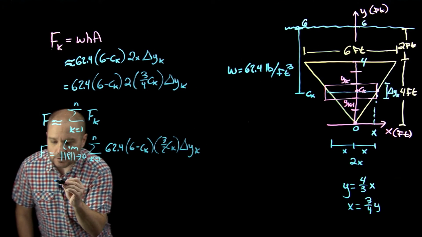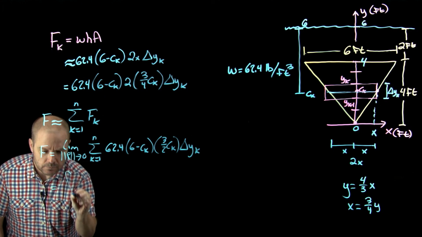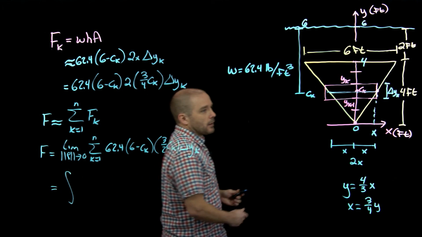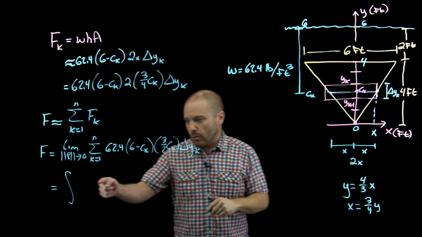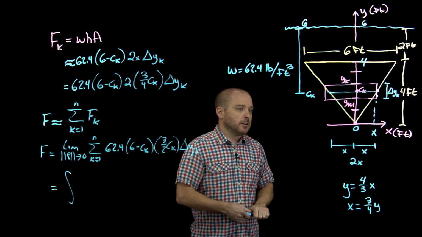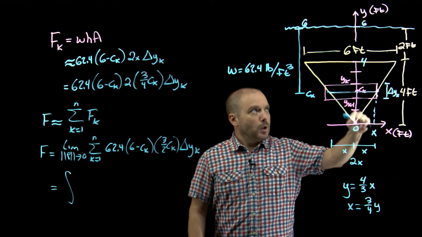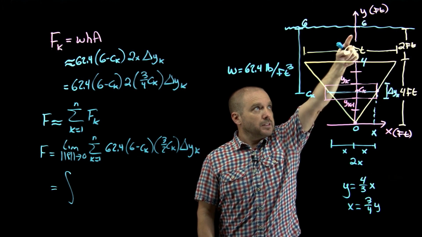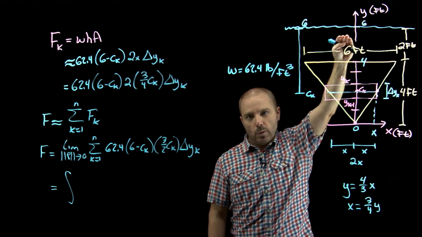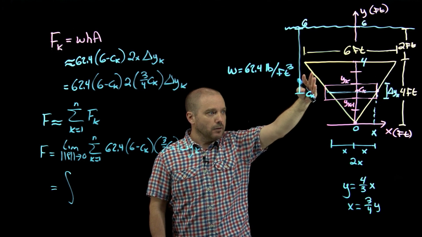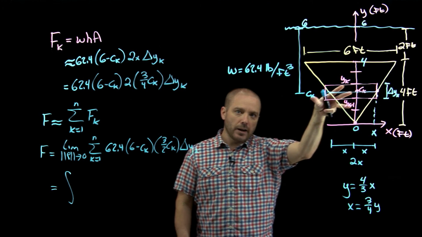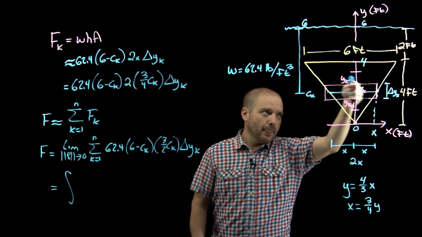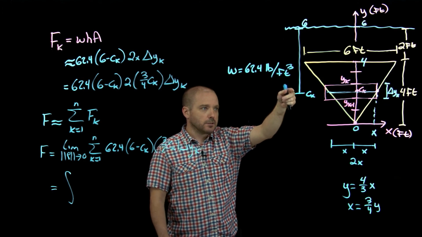Now we have the definition of a definite integral there. So our force is, now remember, this is where drawing your partition is helpful. All right, what are our limits of integration? People will often get confused, think, well, 6 is involved. Do I integrate from 0 all the way up to the surface, or where am I integrating? Well, what did you slice? You sliced up this triangle. You partitioned it. That's why I always draw that partition.